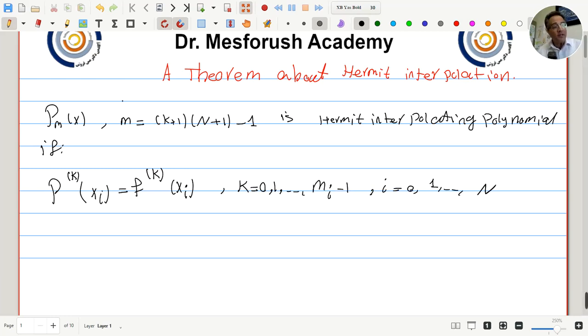In fact, P_m of x is a Hermite interpolating polynomial if the derivative of p and the derivative of f at a nodal point like x_i up to order k are equal. In fact, p interpolates f and the first derivative, second derivative, up to kth derivative of f.